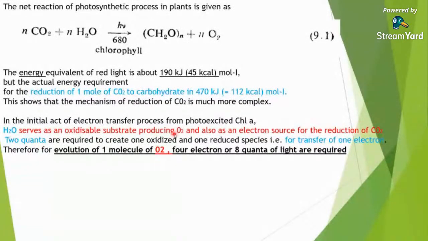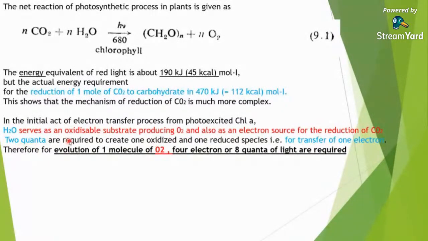H plus ions are trapped by NADP and change to NADPH, and the oxygen which is liberated through the breaking of water comes out through stomata and goes to nature, and water is also the electron source for the reduction of CO2. So water is the electron source as well as the oxygen source.